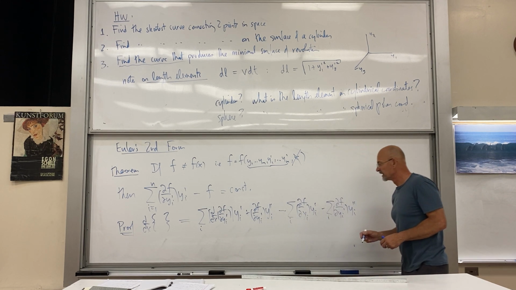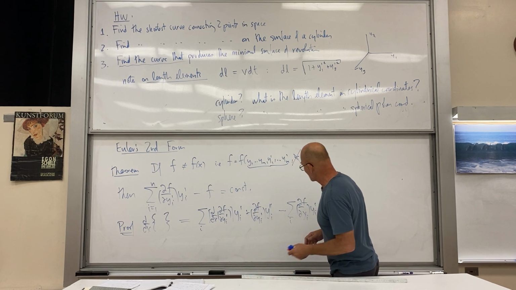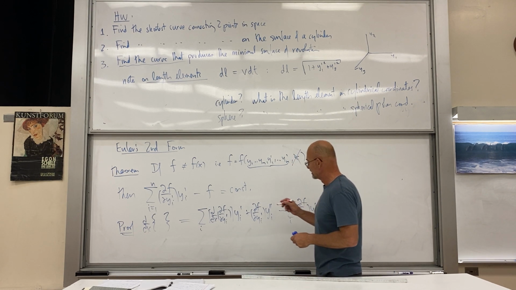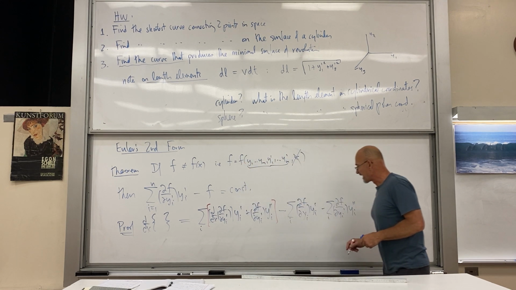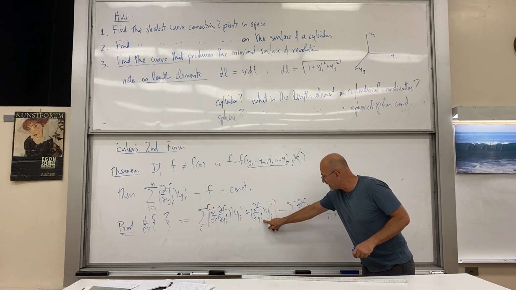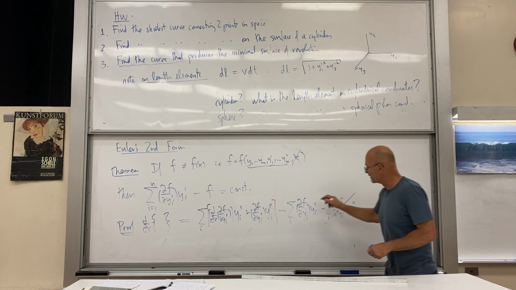Okay. So now I've taken all of those derivatives, and I can see that this df dy sub i prime, y double prime, and this one cancel.